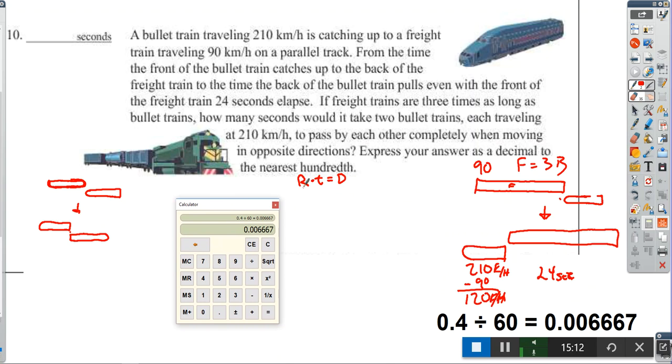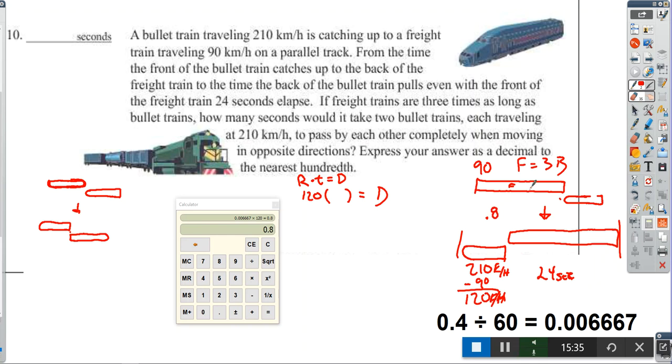So what is the distance? We have our rate. The rate is 120. We have the time, which is this monstrosity over here. I multiply those together and I'll get the distance. So I'm going to multiply that by 120. So that means the total distance that they traveled is 0.8 of a kilometer.